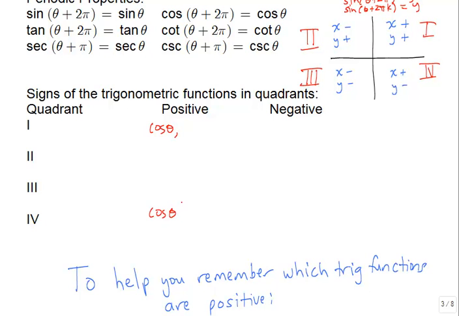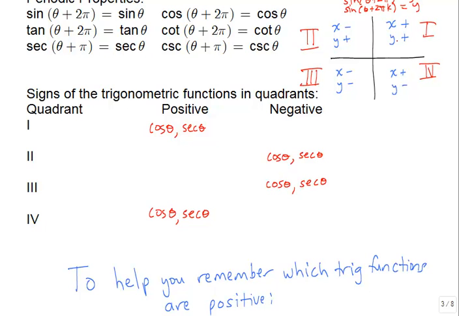And since the reciprocal of cosine would be secant, secant of theta has to be positive in those two quadrants as well. In quadrant 2, x is negative. In quadrant 3, x is negative. So in those two quadrants, cosine would have to be negative, and so would its reciprocal secant.